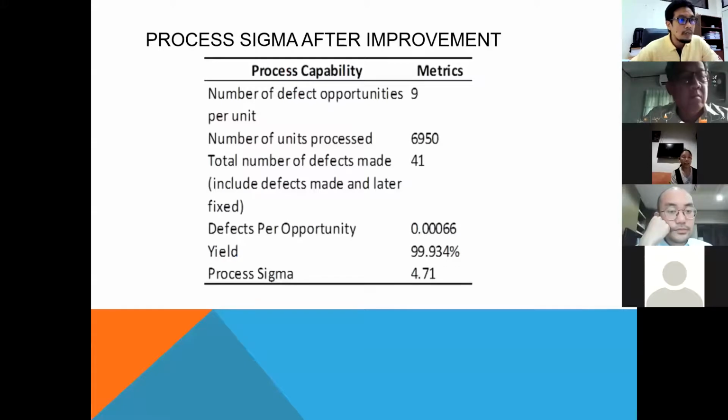Then the next is the project control plan under the control phase. So this shows the improved Six Sigma project control plan for the welding process to make sure to efficiently apply the control measures.